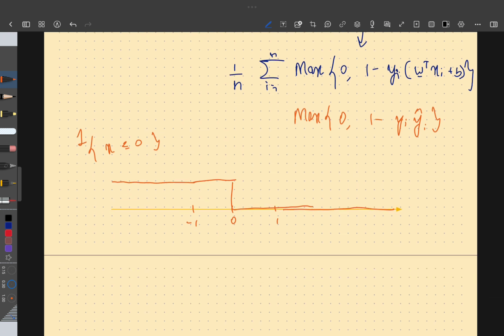Right? So when we use the classifier, let's take x to be equal to 1 minus yi times w transpose xi plus b.